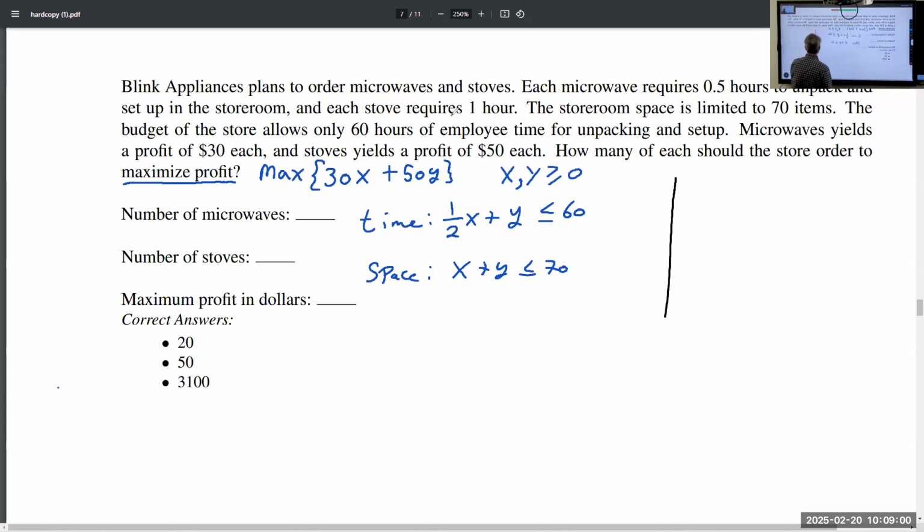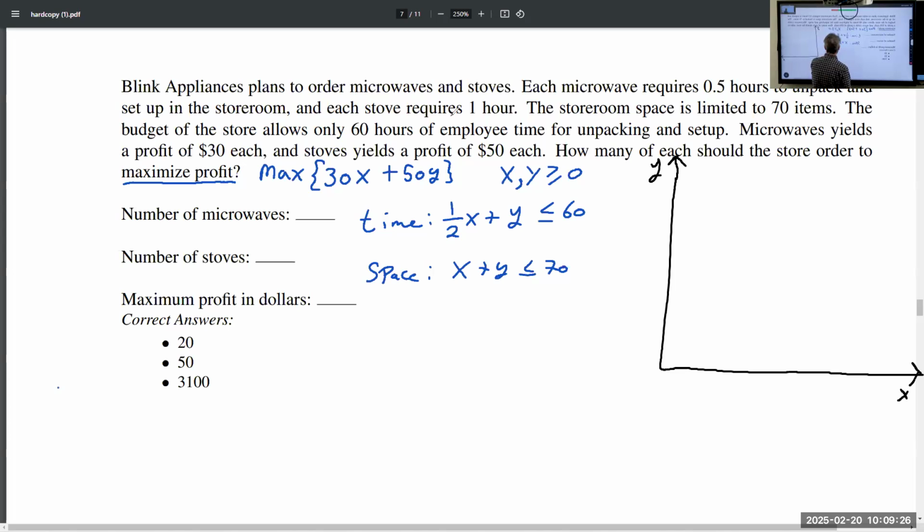So I think we're in the first quadrant. Since you can't have a negative amount of microwaves, you can't have a negative amount of stoves. You can have 0, but you can't have a negative amount. I should somehow find the X and Y intercepts of this.